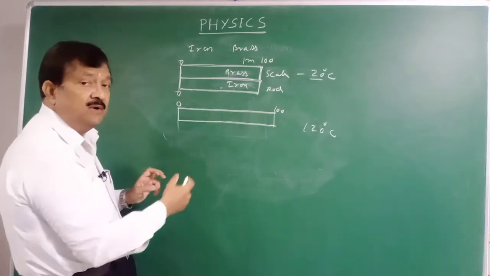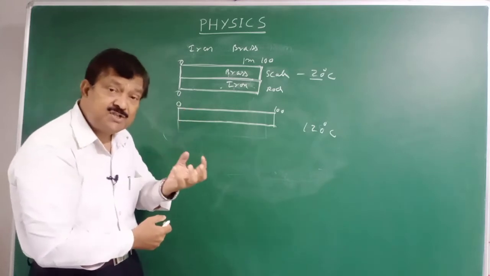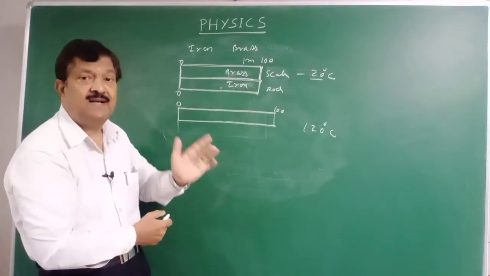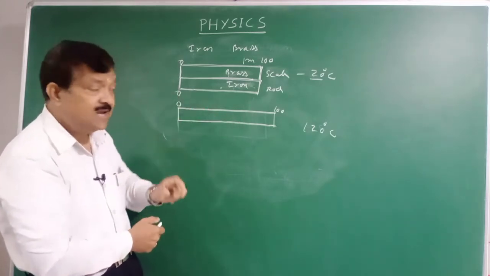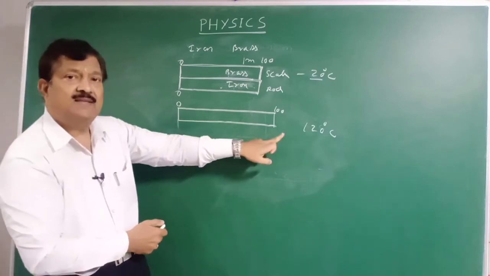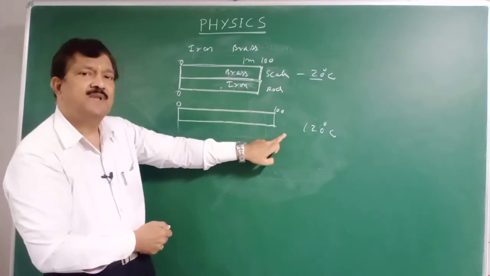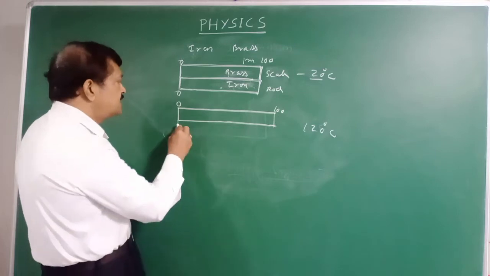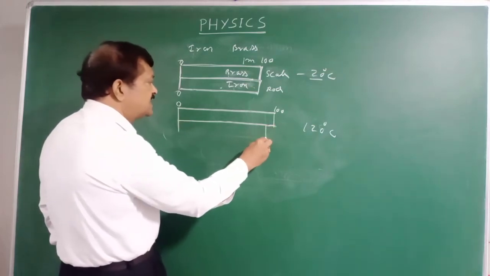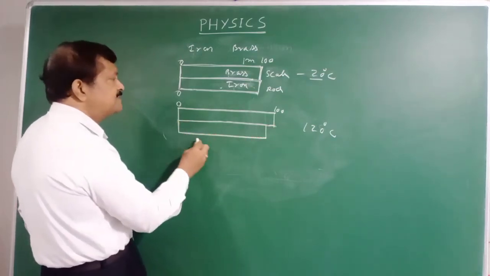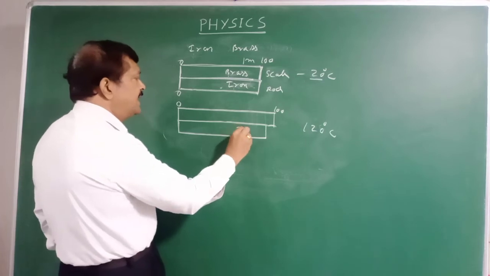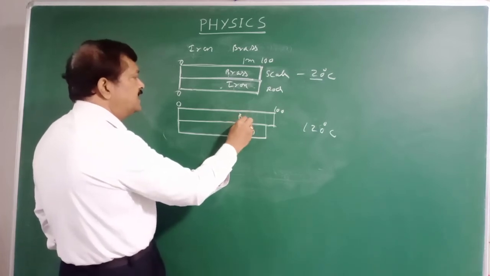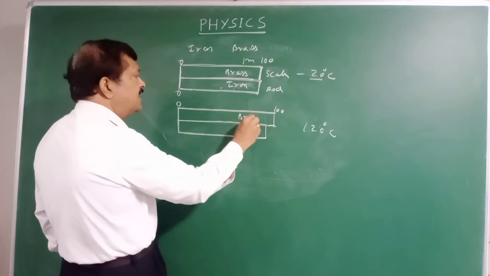As I told you, the length of the scale appears to remain constant at all temperatures, because one end will always be 0, the other end will always be 100. But now the iron rod expands only by this much. This is the iron rod and this is the brass scale you are using.